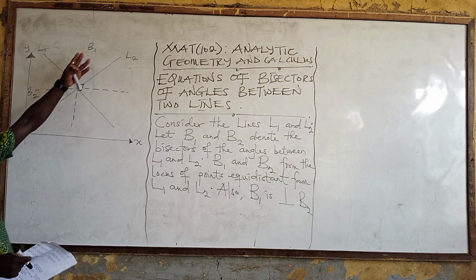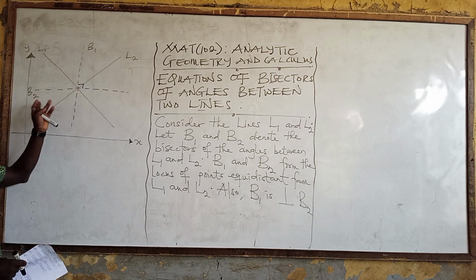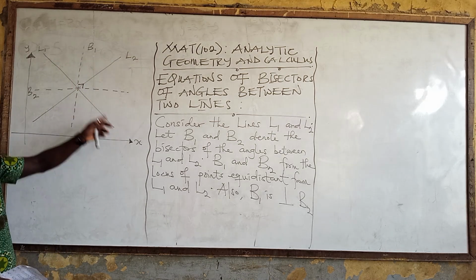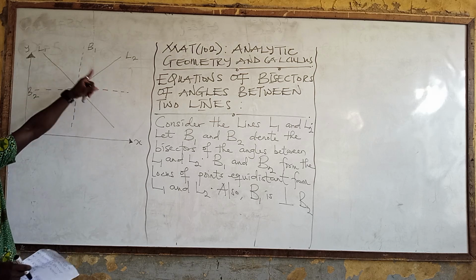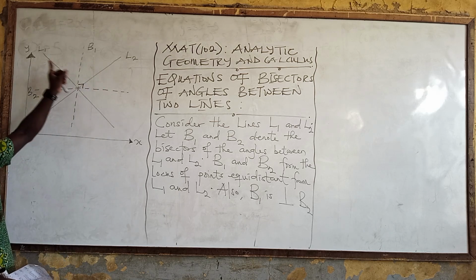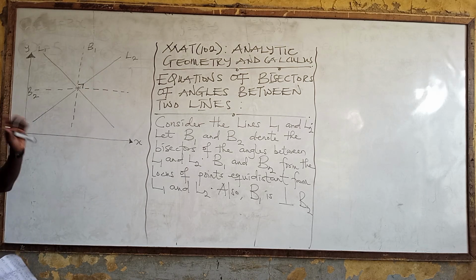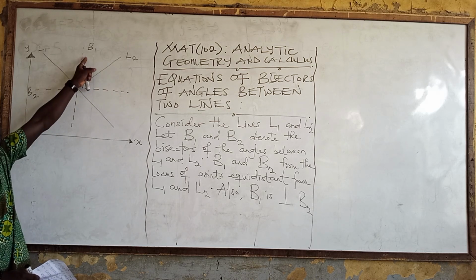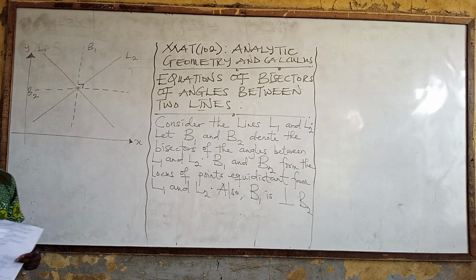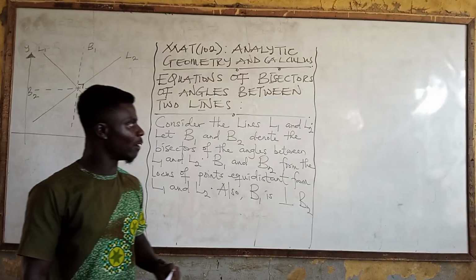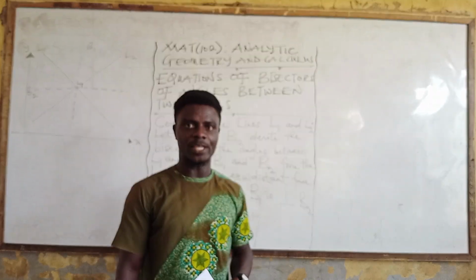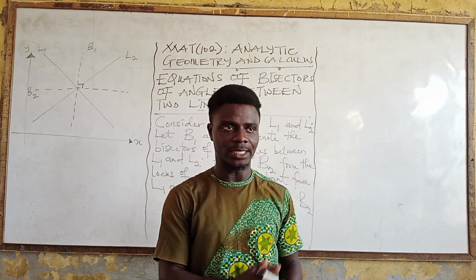We can see that the two bisectors, B1 and B2, are bisecting the angles between these two lines, L1 and L2. So how best can we find the equation of B1 and B2?